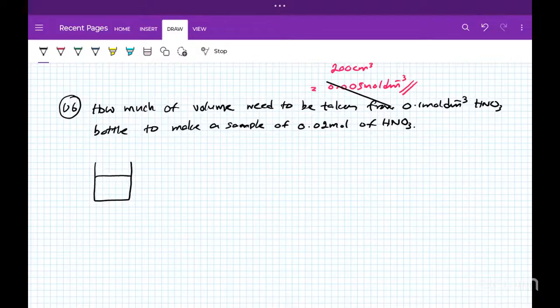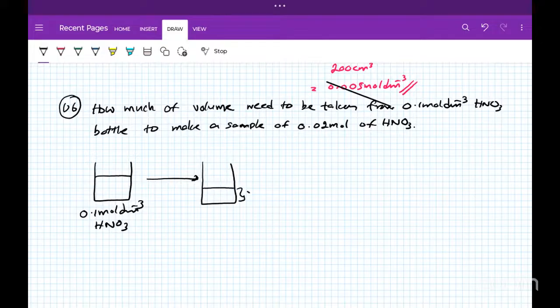Here we have a bottle. In the bottle we have 0.1 moles per cubic decimeter HNO3. So the idea is if you take 1 cubic decimeter, there will be 0.1 moles. Now I need to take a kind of a sample, small sample.